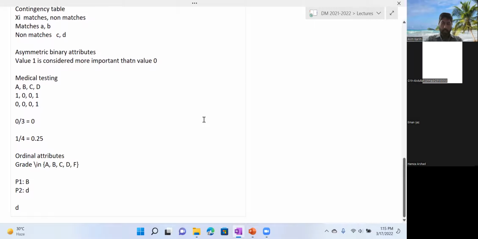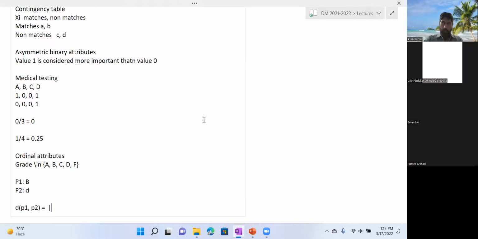The dissimilarity between P1 and P2 would simply be, so I will convert these values to numbers. Since there are 5 possible values, I would give A the value of 1, B 2, C 3, D would be 4, and F would be 5. So B and D, okay?